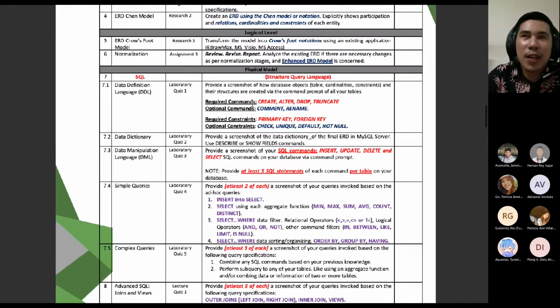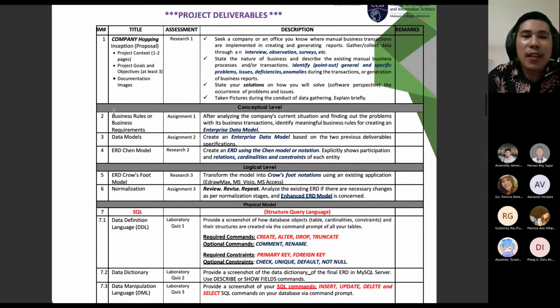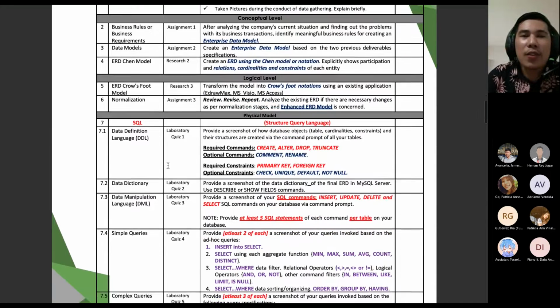That's why it's a waterfall model where you'll need to finish first deliverable one, next the two, the three, and so on and so forth.